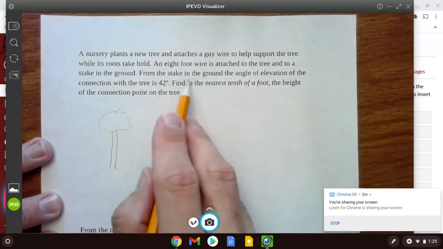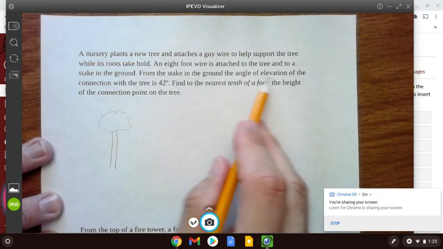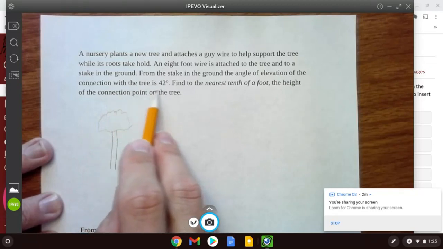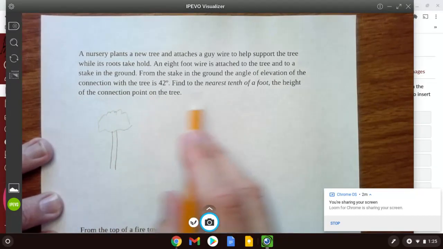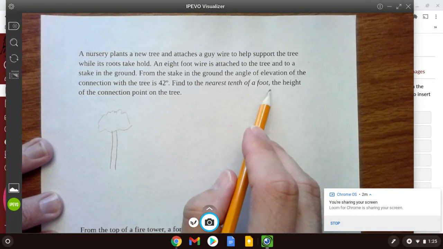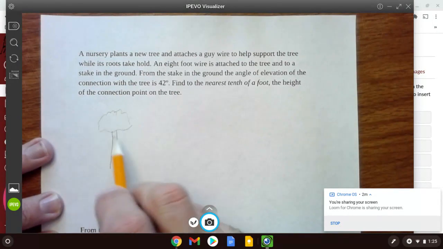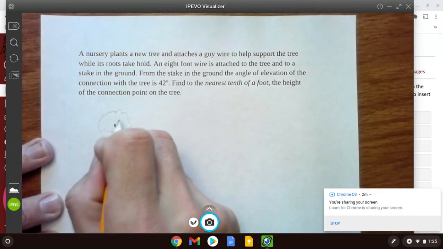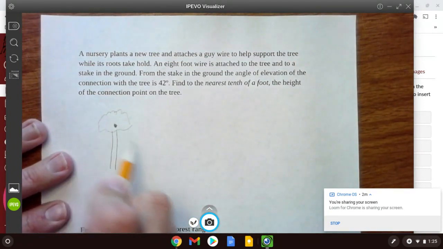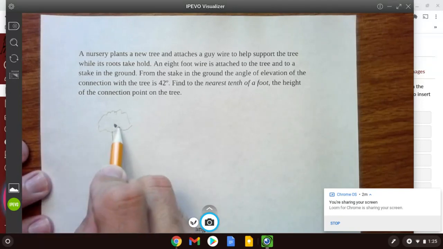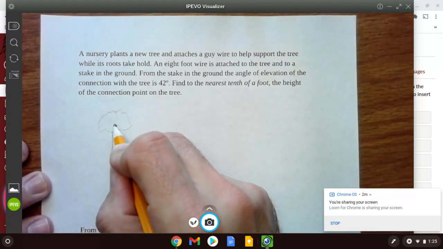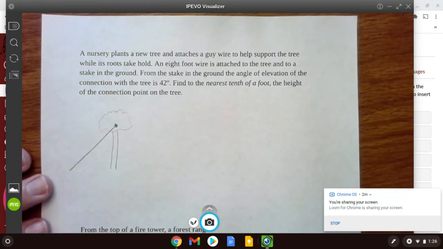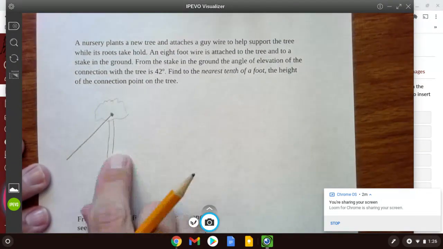From the stake in the ground, the angle of elevation of the connection with the tree is 42 degrees. Find, to the nearest tenth of a foot, the height of the connection point on the tree. Somewhere on the tree they've attached a wire up there, and the wire can go down either way. It doesn't matter. I'll go off to the left here.